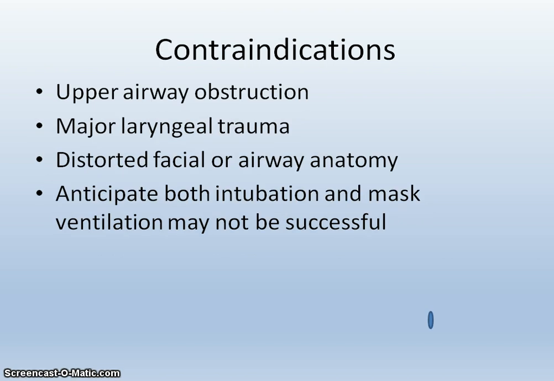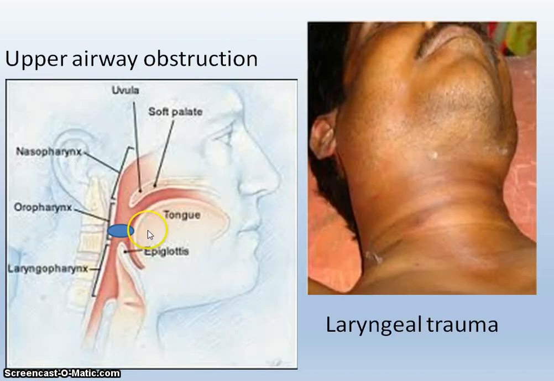These are some of the contraindications to using direct laryngoscopy for endotracheal intubation. Upper airway obstruction, where something has already blocked the airway, means you can't do an endotracheal intubation in that situation.